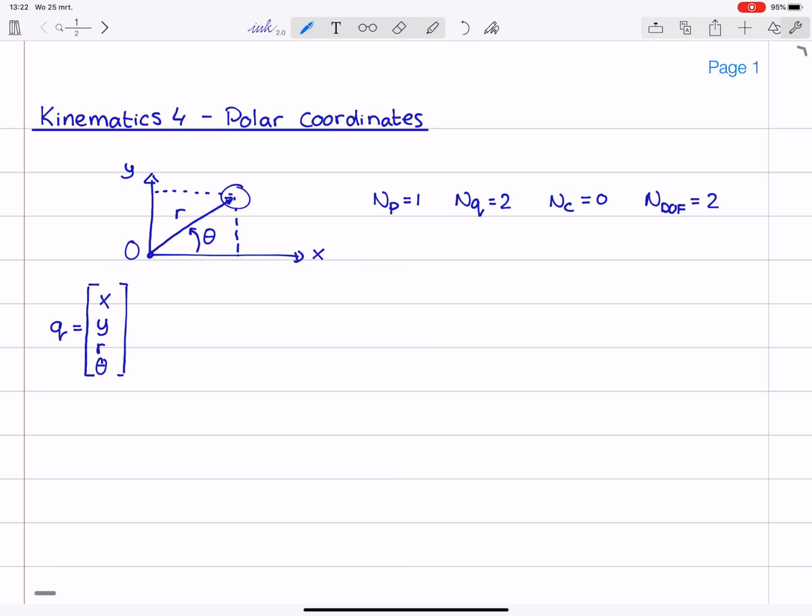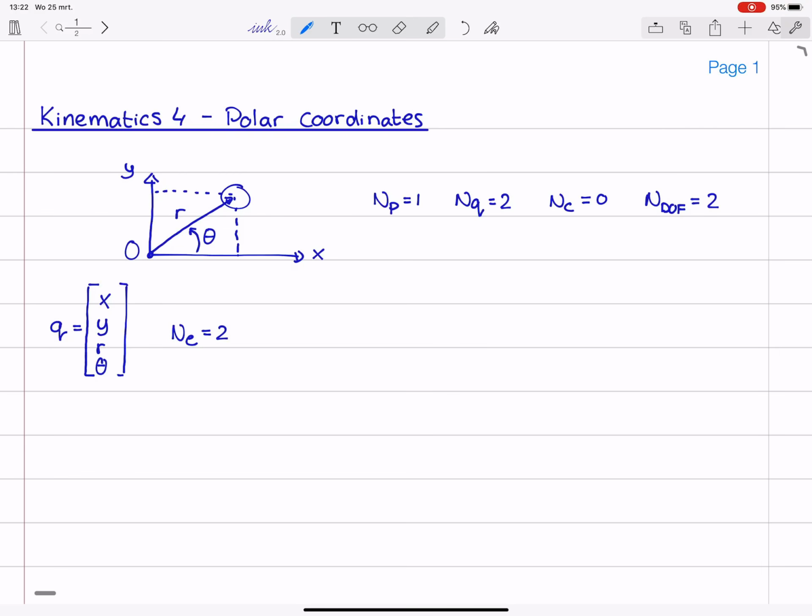Okay, as explained in the previous lecture, we can introduce these coordinates, but of course the number of degrees of freedom still is 2. So we can only do this if we make sure that in this formulation the number of constraint equations is equal to 2. Now, of course, these are not physical constraints, but these must be two relations that express our old coordinates, x and y, in terms of the new coordinates, r and theta.